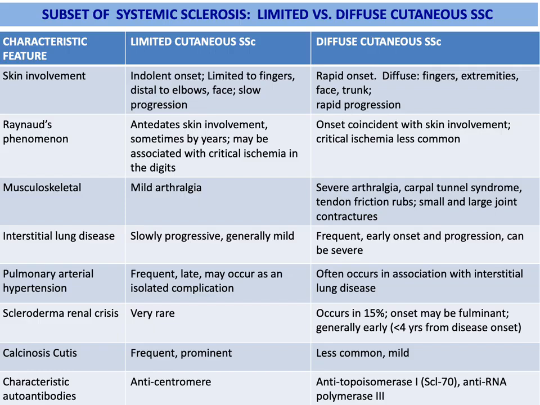Scleroderma renal crisis is very rare in limited cutaneous scleroderma, but calcinosis cutis is more prominent and more frequent in limited scleroderma. Characteristic antibodies associated with limited cutaneous scleroderma is anti-centromere, while anti-topoisomerase 1 and anti-RNA polymerase 3 is more associated with diffuse cutaneous scleroderma.